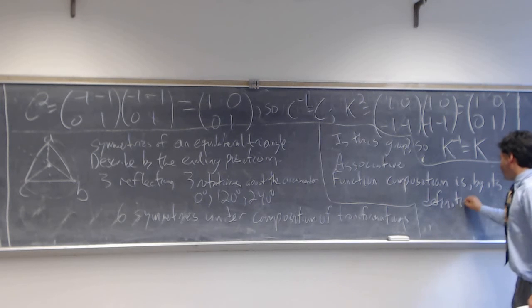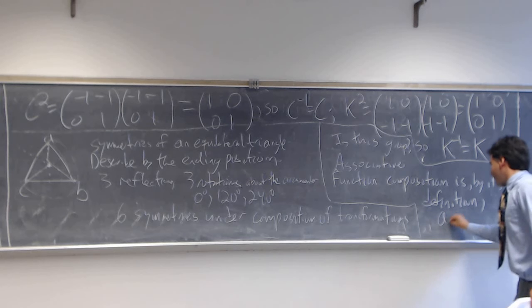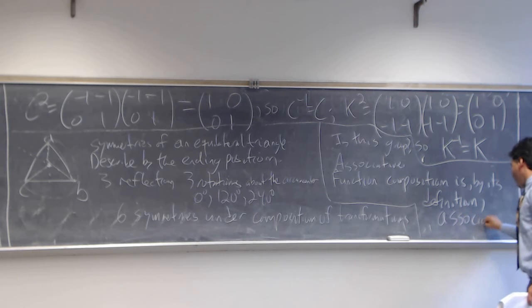Almost by its definition. So we'll show that, and that'll show that the action of composition of these geometric transformations is associative. And then we'll just go ahead and do the Cayley table.